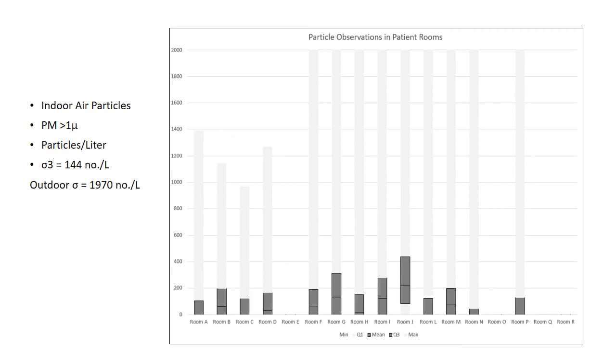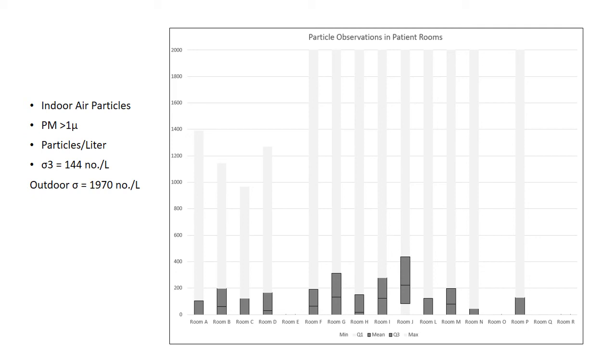So you'll see the mean that I'm listing here. This mean is not really a mean. What I've listed here as the average particle count for all the indoor rooms is actually the third quartile upper limit, that 144 particles per liter. That's not the mean, because the mean was coming in at around 20, very close to 0.